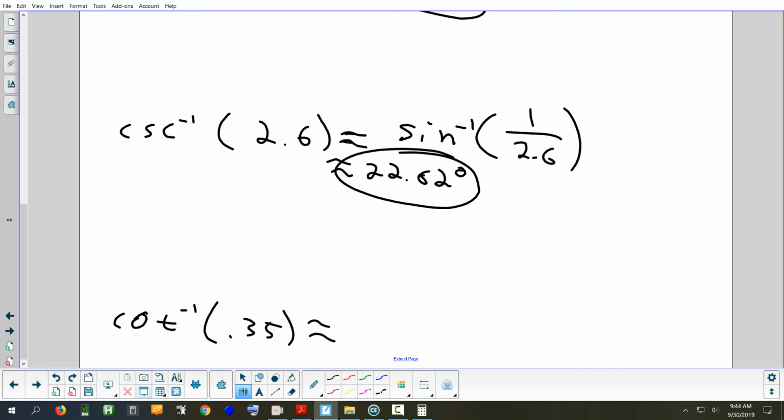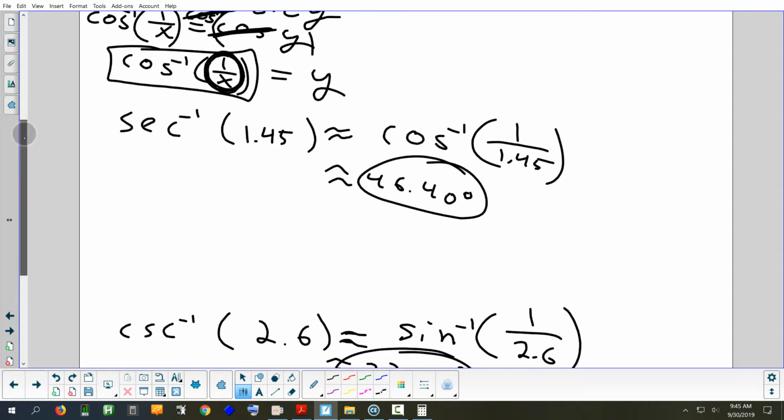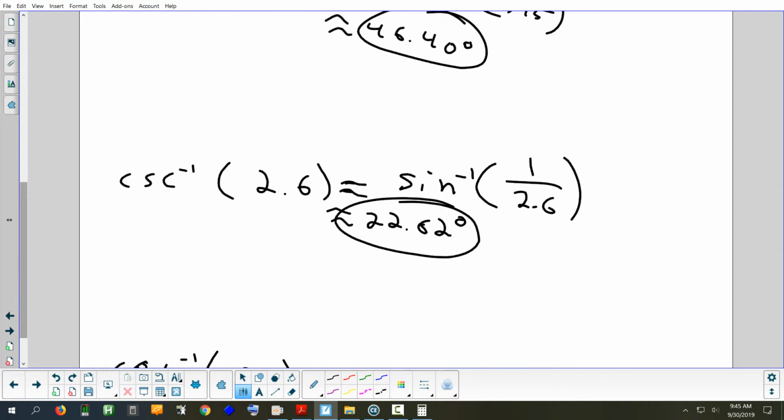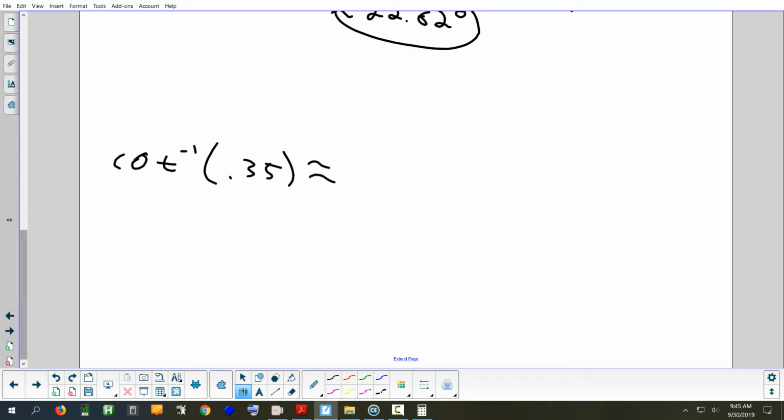Would it be cosine? No. Tangent, right? Inverse tangent. You use inverse cosine with a secant. You use inverse sine with a cosecant. You use inverse tangent when you have a cotangent problem. Okay, so you got to remember those pairs.